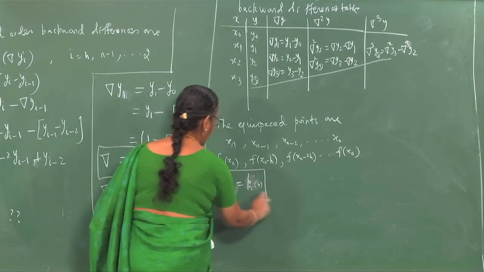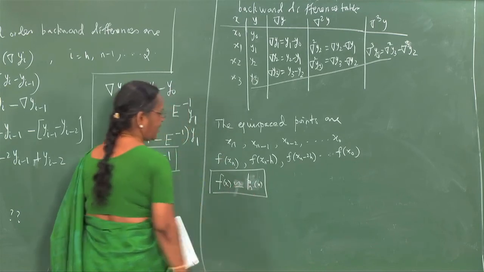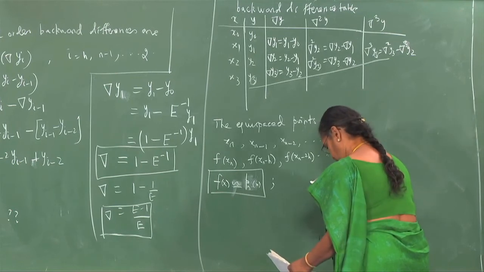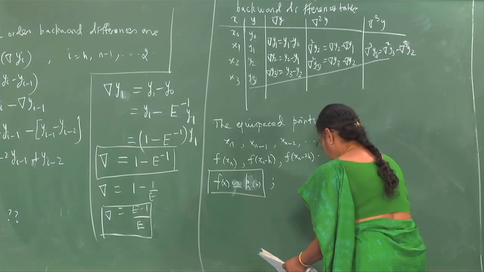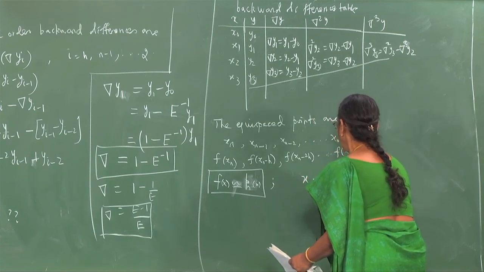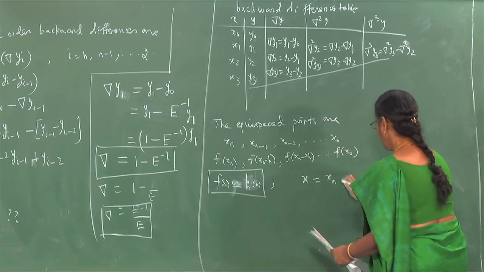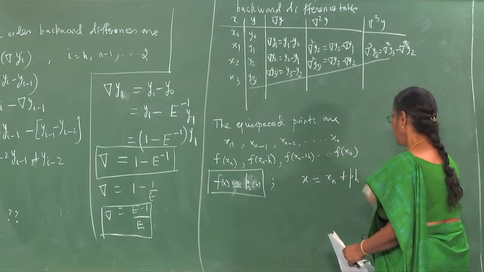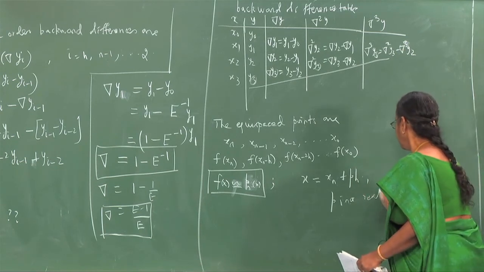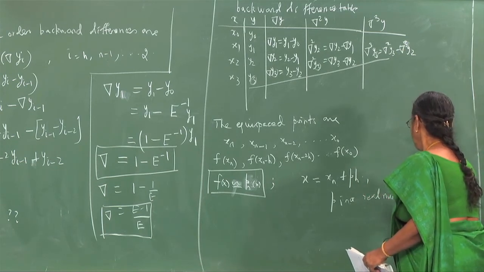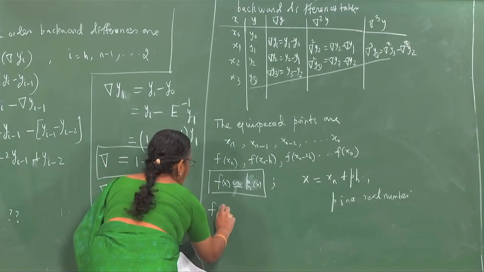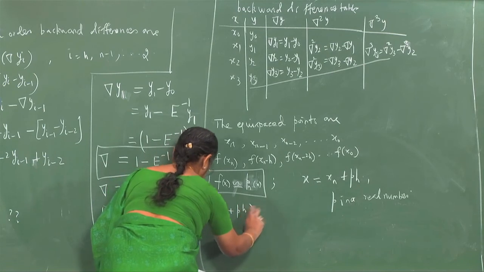First of all, determine this approximation, and once you determine the approximation, evaluate the function at some point x, which is equal to xn plus ph, where p is a real number. So, we require f of xn plus ph.